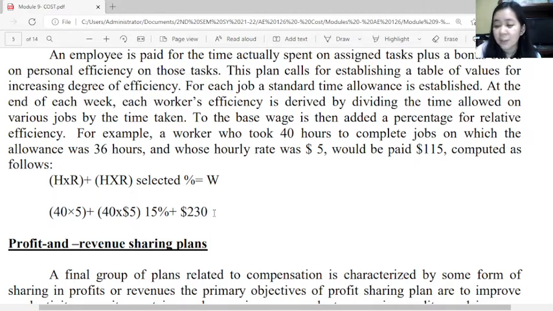Sorry, 260 should be 260 instead of 230 right here. So please take note of that. So 50% of 200 is 60.